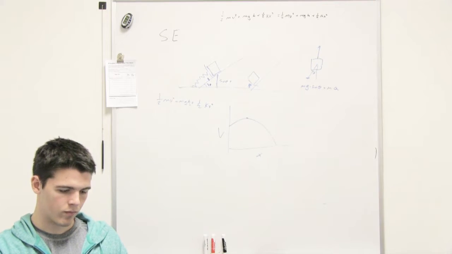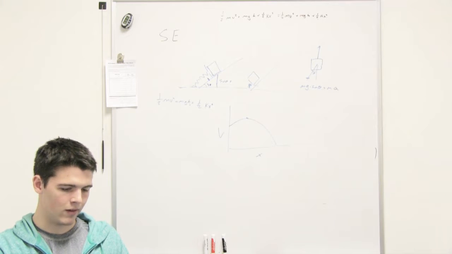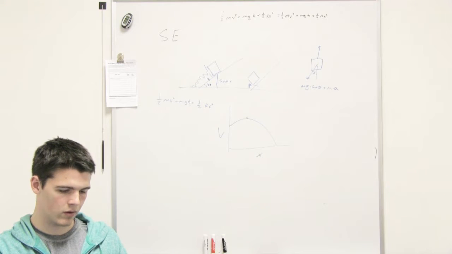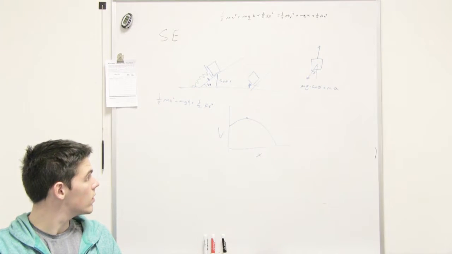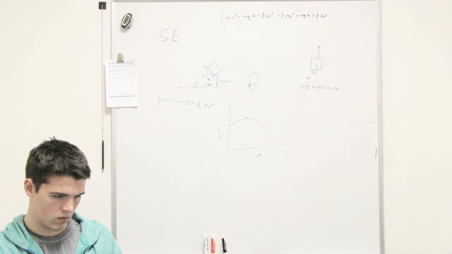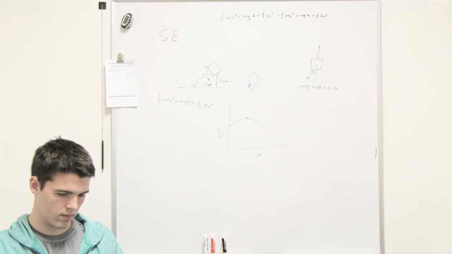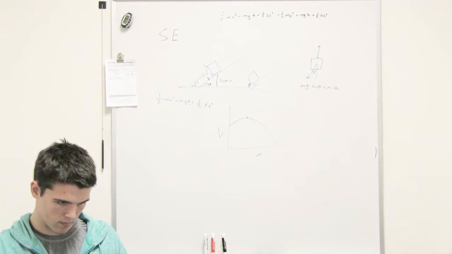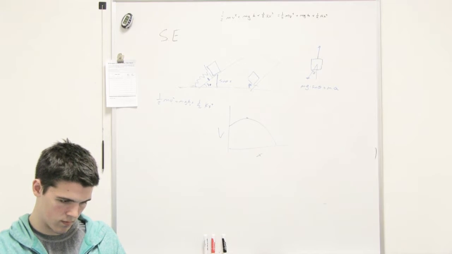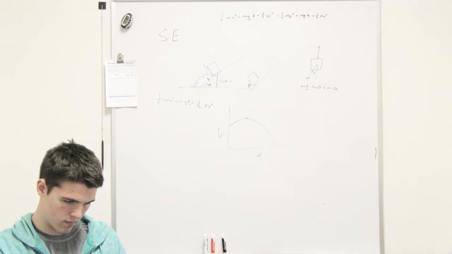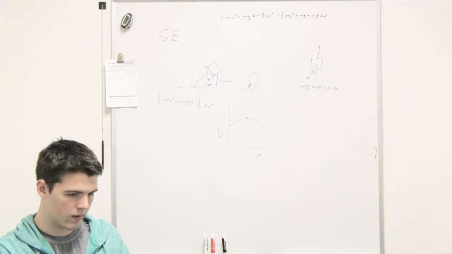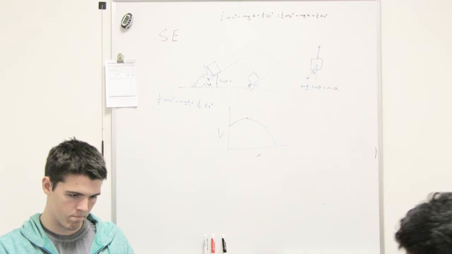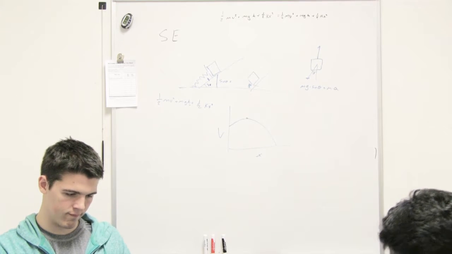Yep. Mass is equal to 10, g is equal to 9.81. What's K? K is 250 newtons per meter.